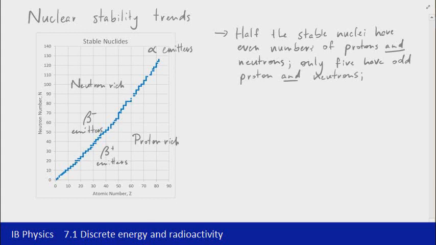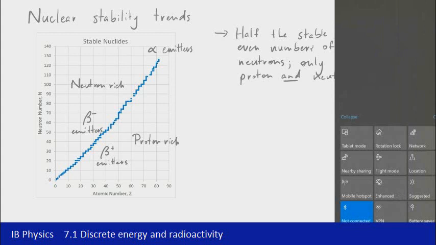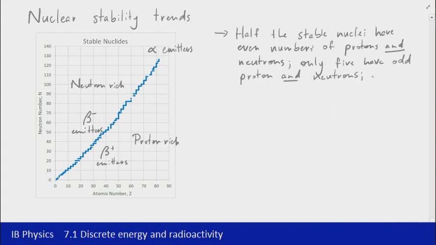So generally speaking, elements with even numbers of protons, or even atomic numbers, tend to be the most abundant in the universe.